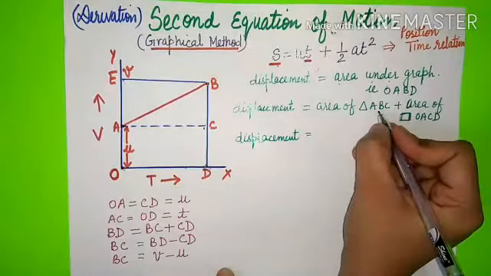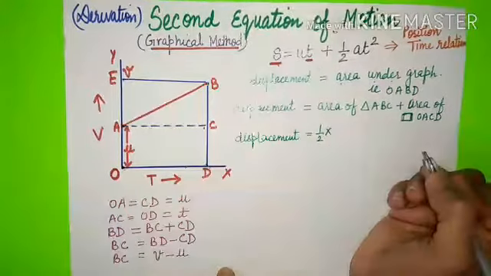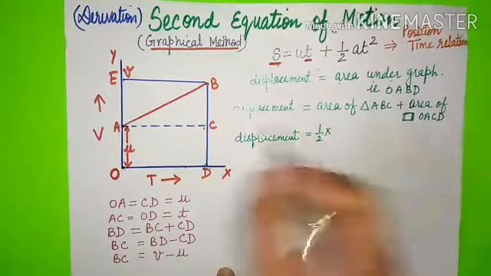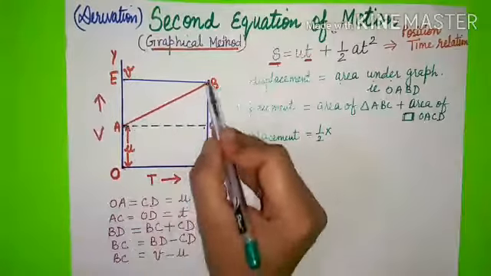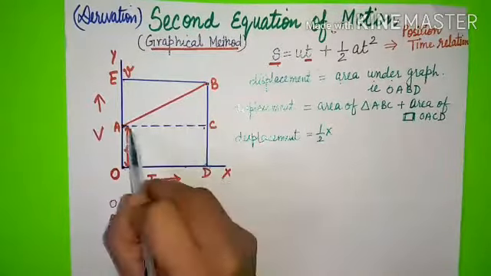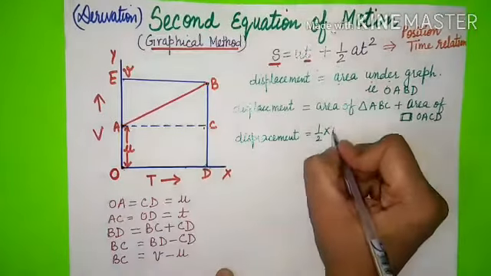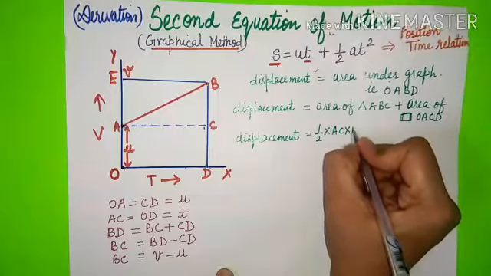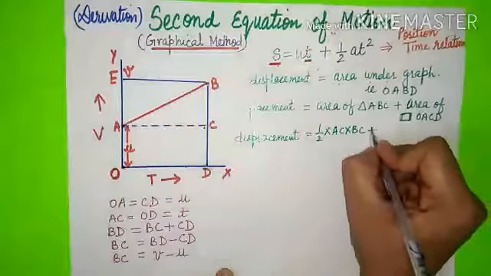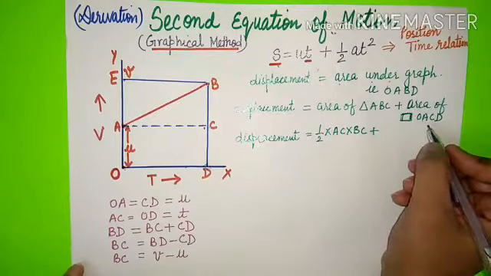The area of triangle ABC, as you are all aware, is half into base into height. In this triangle ABC, AC is the base and BC is the height. So half into AC into BC, plus the area of the rectangle, which is length into breadth.